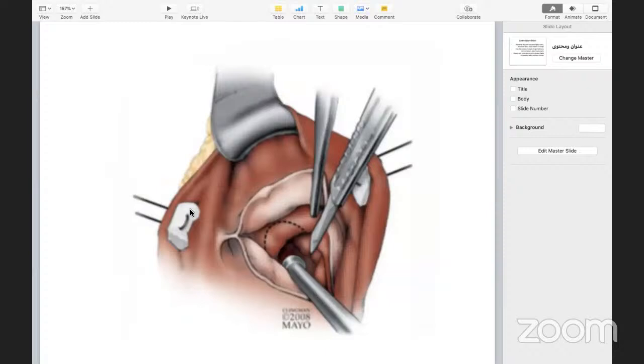This is another picture. I meant, by the exposure, to put a suture with the pledgets for more exposure, and then you have the retractor, and the assistant will help also just to expose the area.